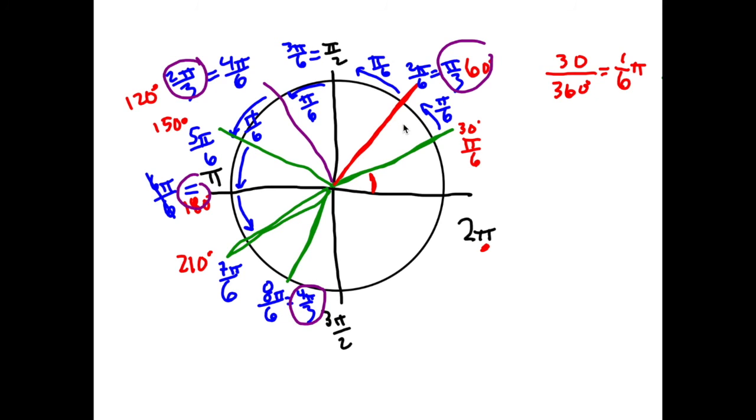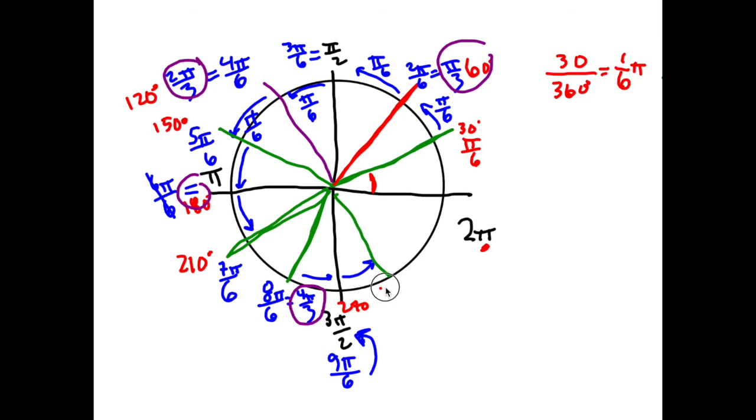But let's keep going. Another pi over 6, and it's going to give us this little guy right here. So this will be 9 pi over 6, which does equal this. Another pi over 6. Add 30 degrees to this. So remember, this was 270.